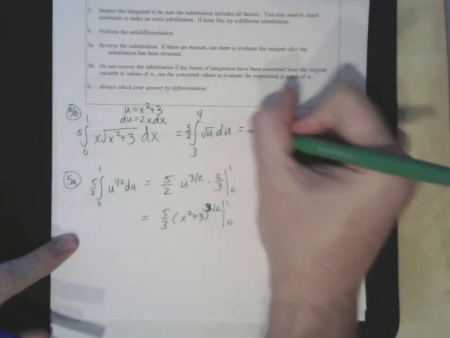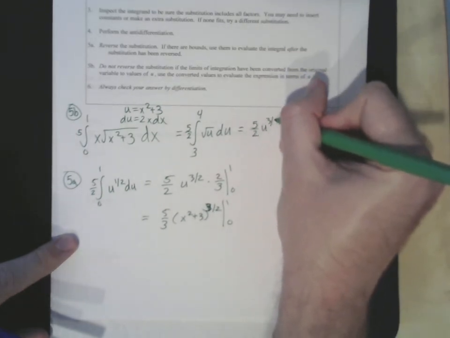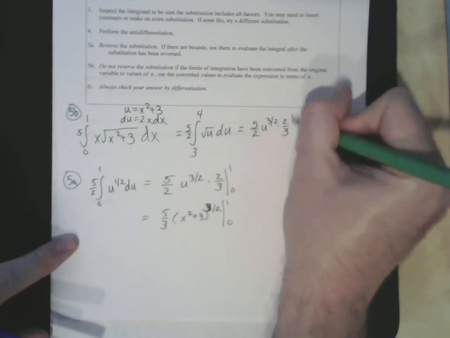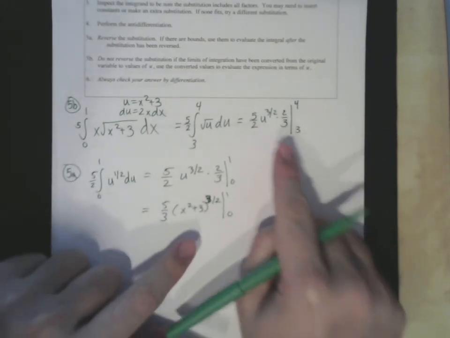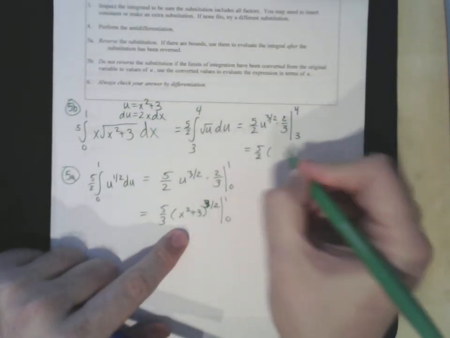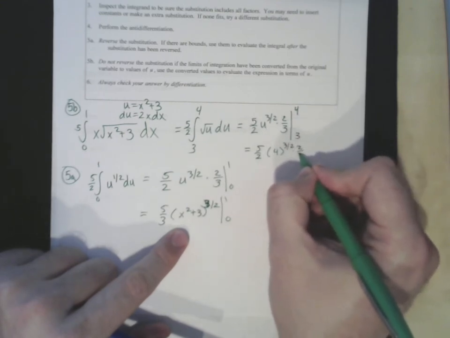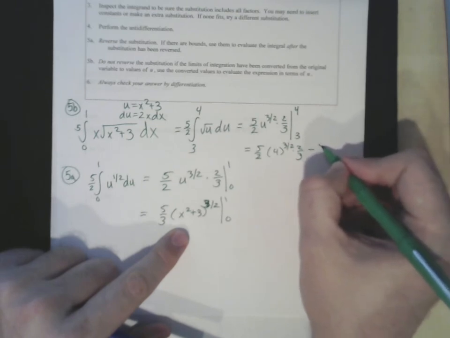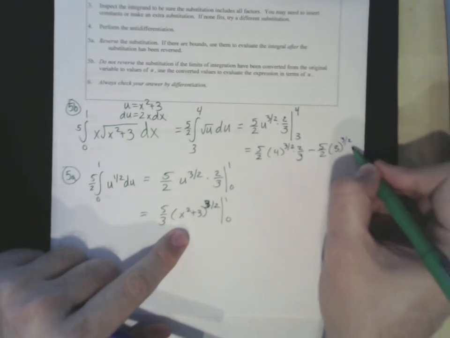Now up here, we said that this was 5/2 u to the 3/2 times 2/3 evaluated from 3 to 4. So I just want to compare what these look like. This looks like 5/2 times 4 to the 3/2 times 2/3 minus 5/2 times 3 to the 3/2 times 2/3.